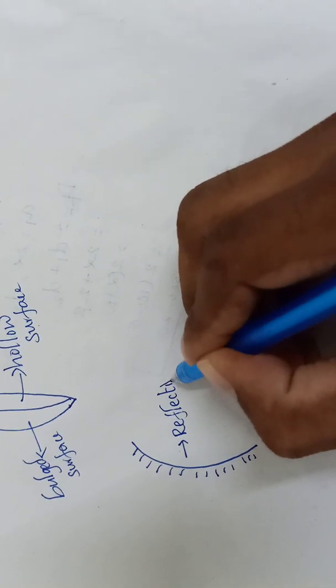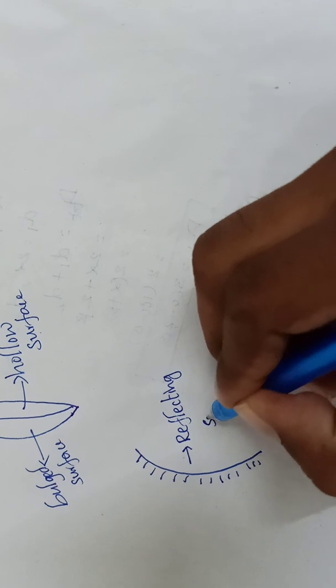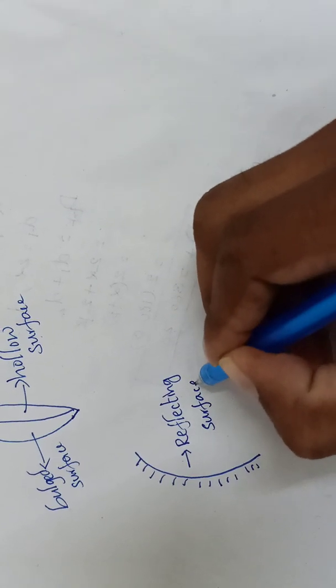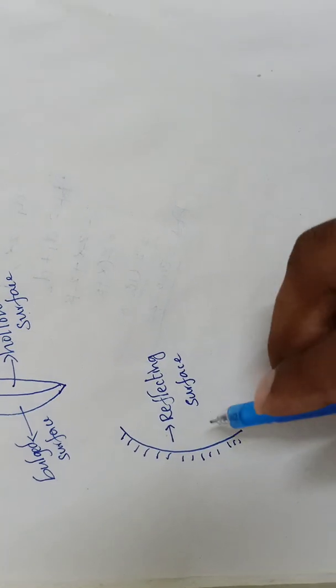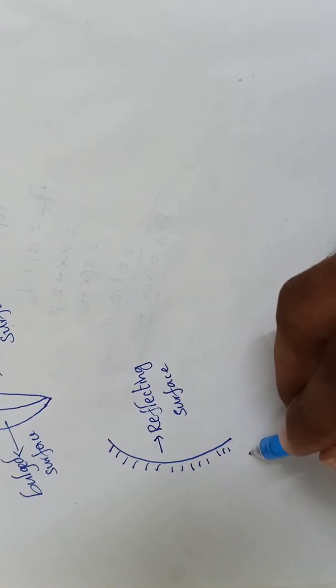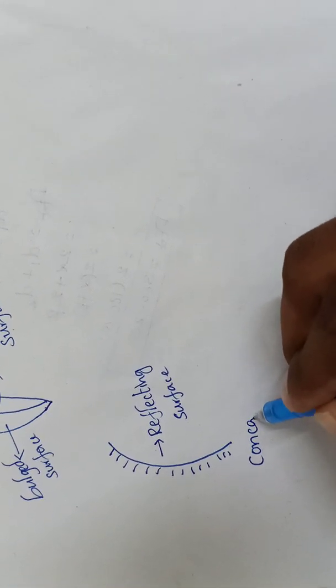Concave surface acts as a reflecting surface, and this one we can call a concave mirror.